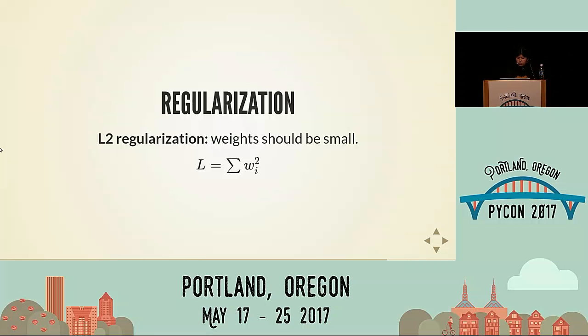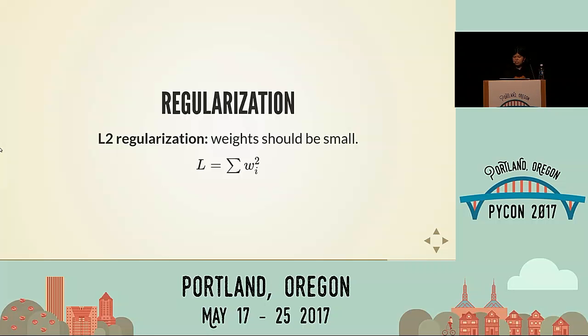You're probably familiar with L1 and L2 regularization, because you also see them used in linear and logistic regression, SVMs, etc. What L2 regularization says is simply, I want my weights to be small. It does that by imposing a cost or loss on the weights, that's the sum of the squares of the weights.